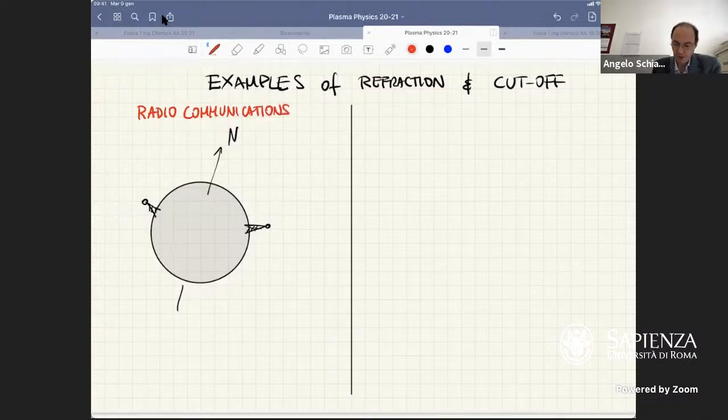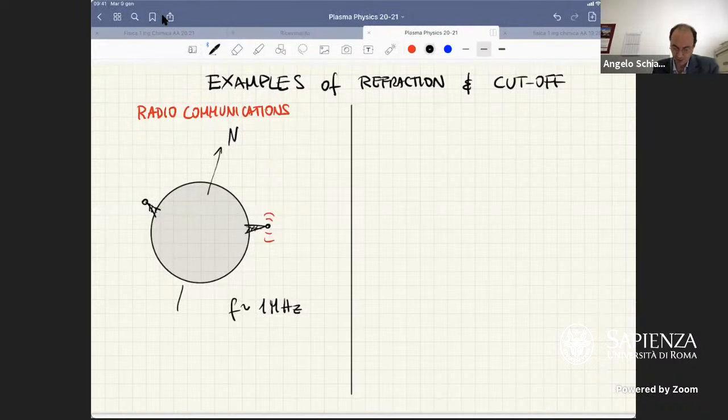So what we do is we produce an electromagnetic signal in terms of radio waves, and the radio waves have a frequency f of about, let's say, 1 megahertz and below.